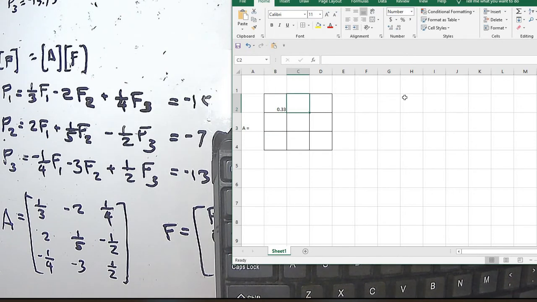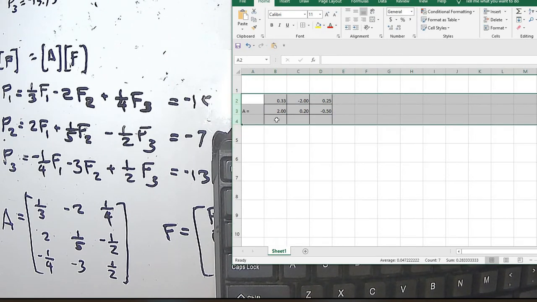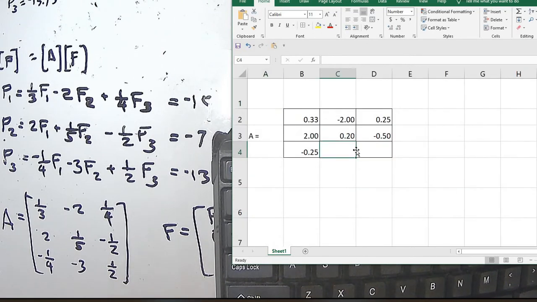Next, we have here -2, followed by equal sign 1/4, and then 2, tapos equal sign 1/5, tapos equal -1/2, and then -1/4, tapos -3, then 1/2.